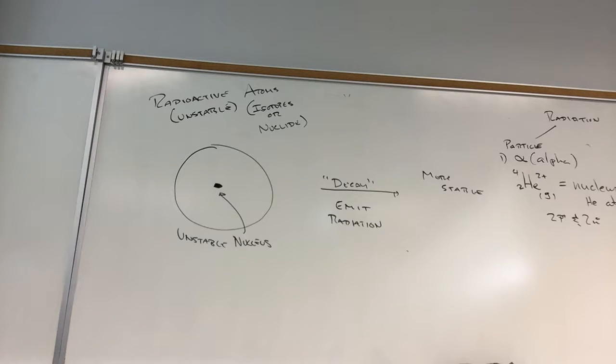Well, when we're talking about radiation exposure, let's look at the different ways we can express radiation exposure. One way we could express it is in terms of becquerels or curies.